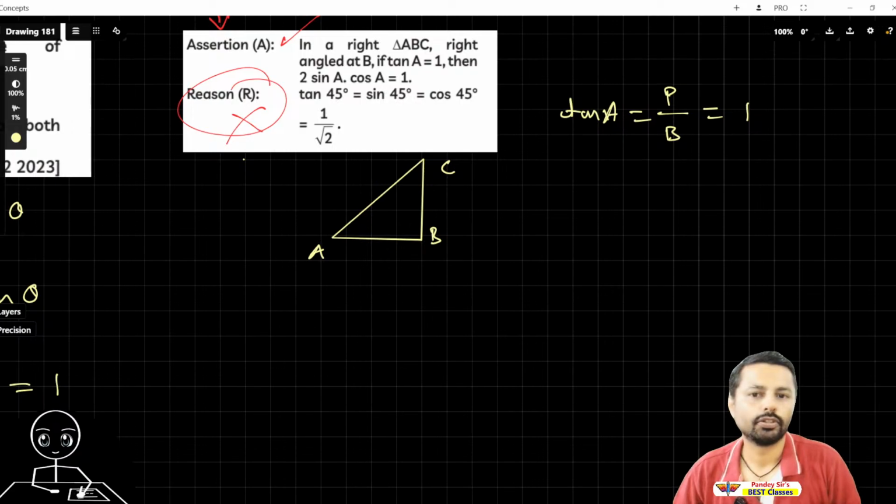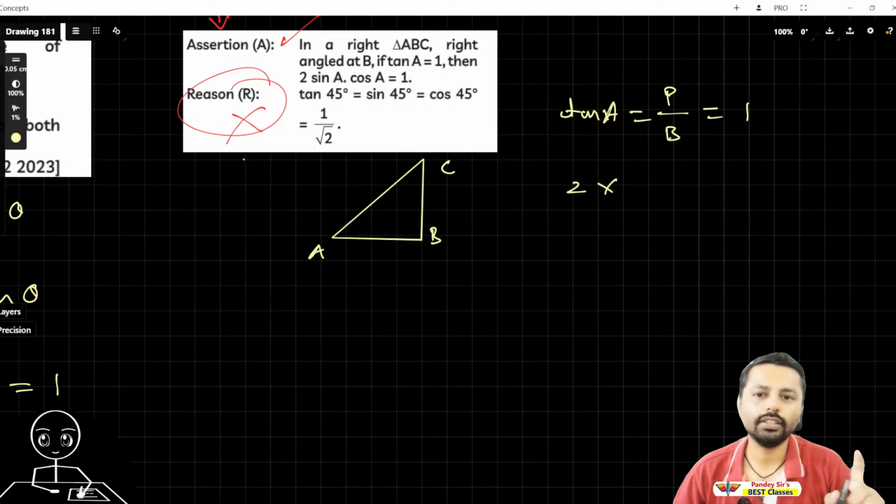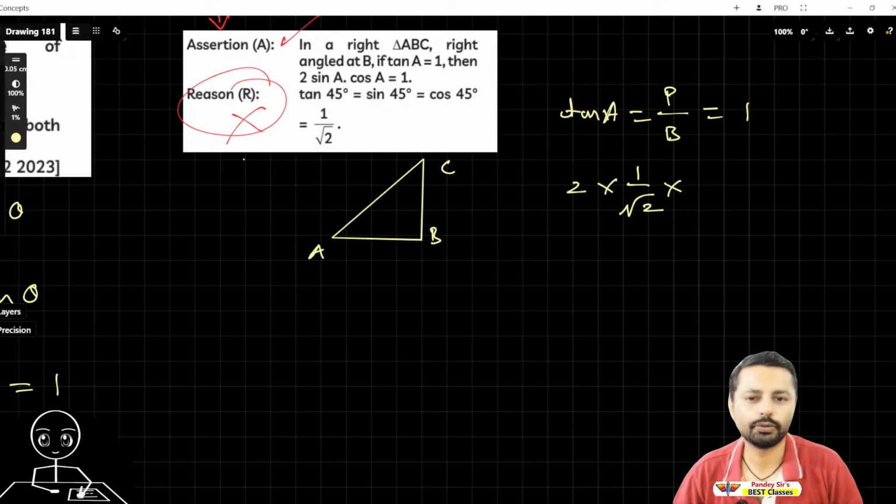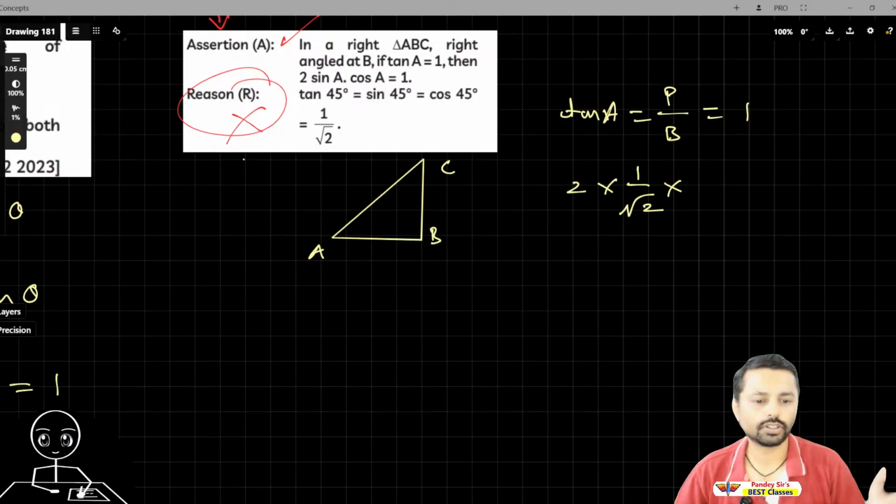So sin 45 is 1 by root 2, and cos 45 is also 1 by root 2.